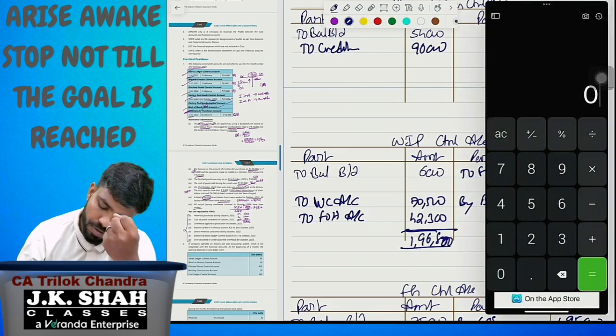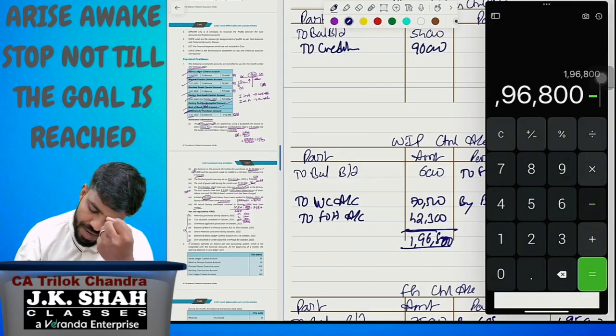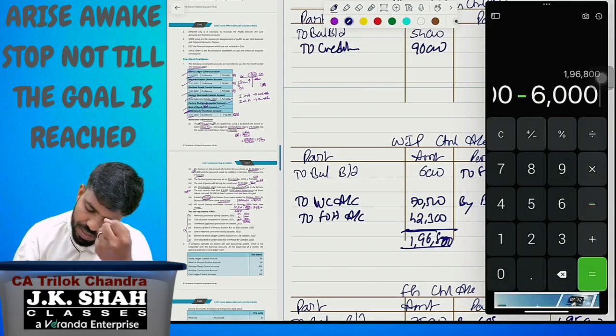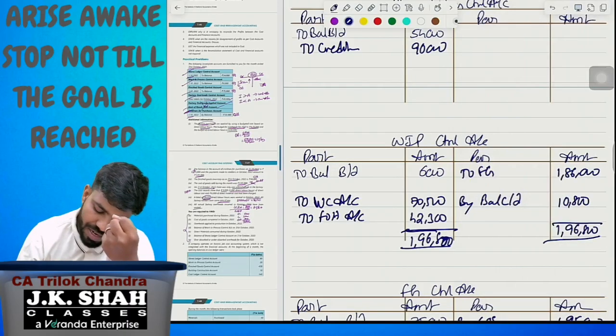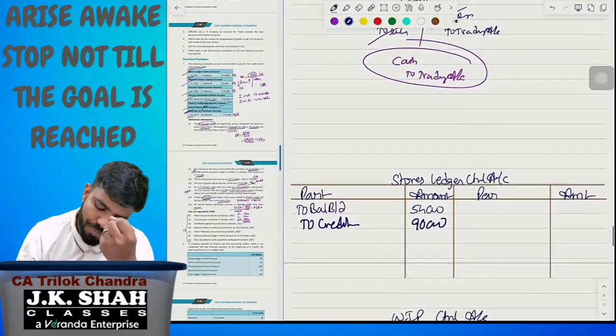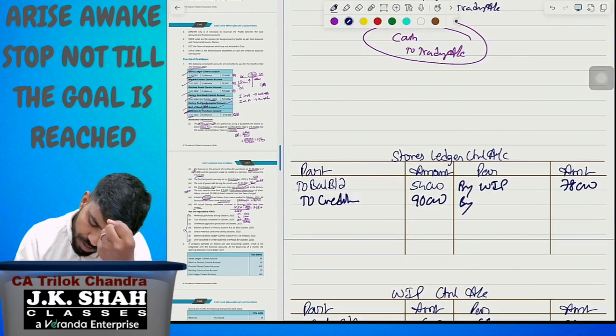1,96,800 minus 6,000 minus 70,500 minus 42,300 equals 78,000. To SLC account, 78,000. Here we write by WIP, 78,000, by balance carried down.